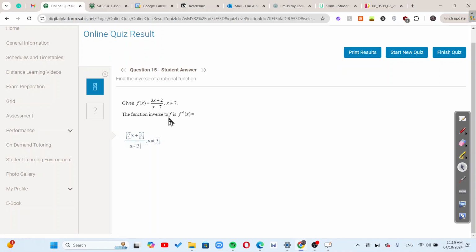You need the inverse again, and it's x, so they didn't give you a number. So 3y plus 2 over y minus 7, sorry, equals x.